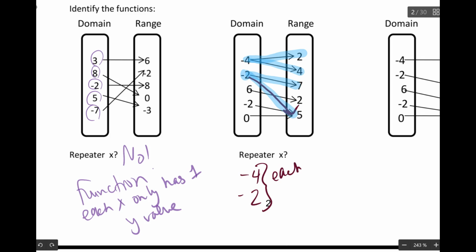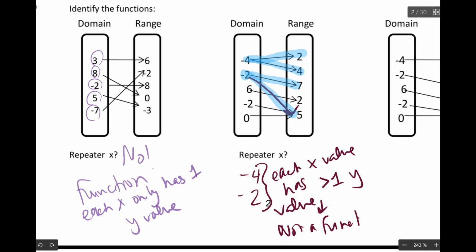So each x value has more than one y value. So then we say it's not a function, because functions only have one y value for a given x. Just this one alone, we have 2 values for -4. So this -4 has 2 points. Right? I can't have 2 points for a single x.